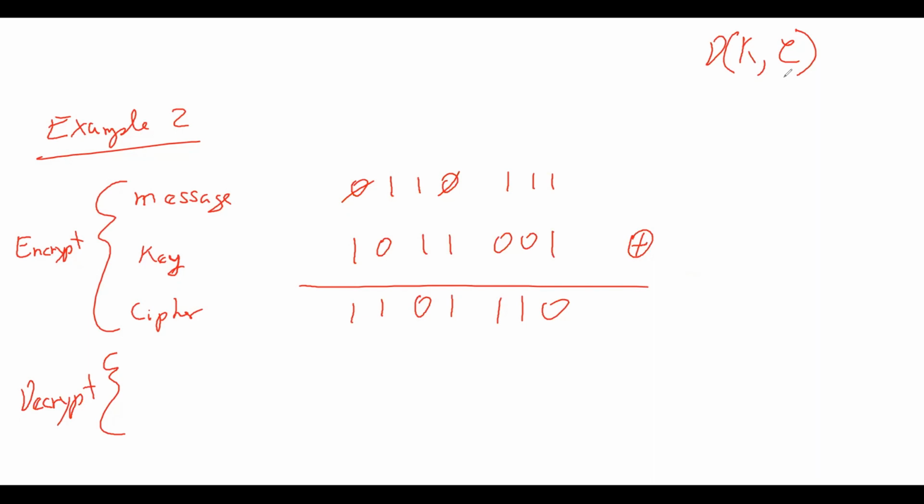We're going to see something called a one-time pad, OTP, which tells us that this algorithm, just defined as K XOR M, could in fact be 100% secure. It could, in theory.